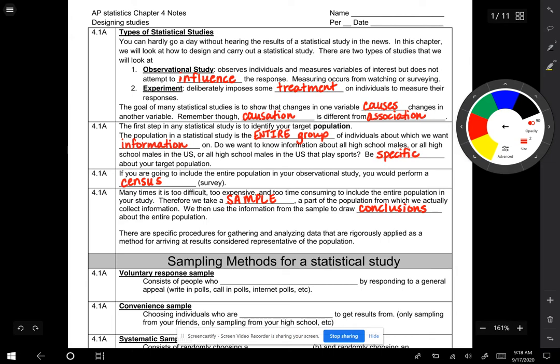There are specific procedures for gathering and analyzing data that are rigorously applied as a method for arriving at results considered representative of the population. And we will do all that later in semester 2. In this chapter, we're just focused on the types of sampling done to get the right sample, and then how we go about carrying out the experiment or study.